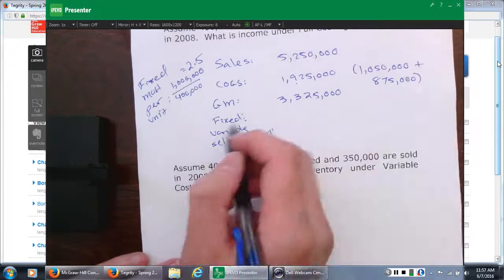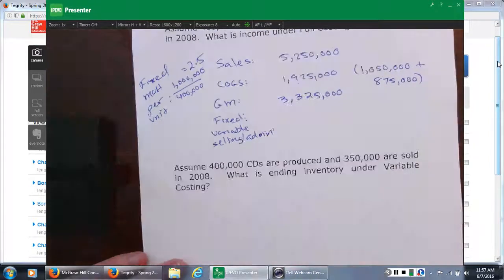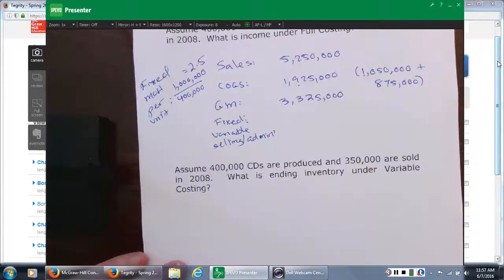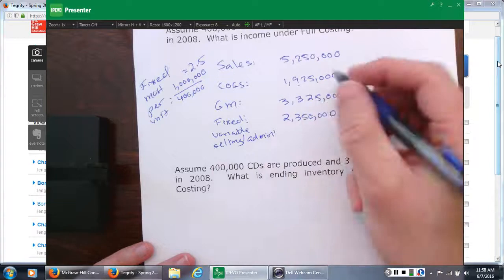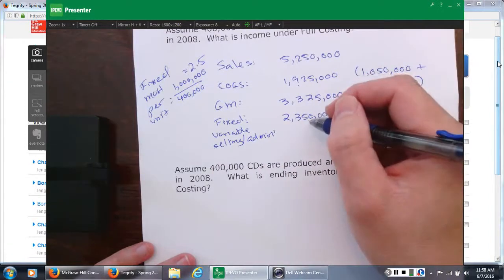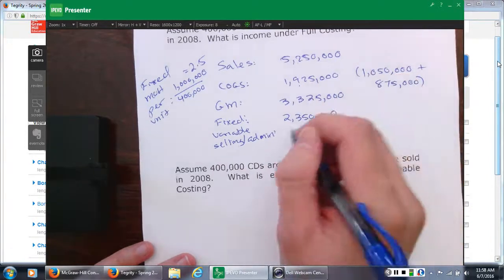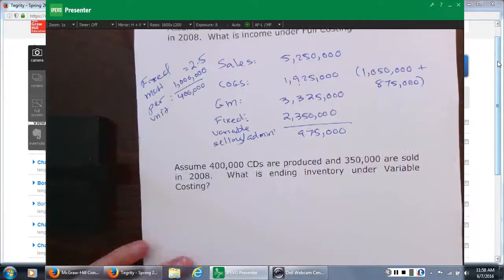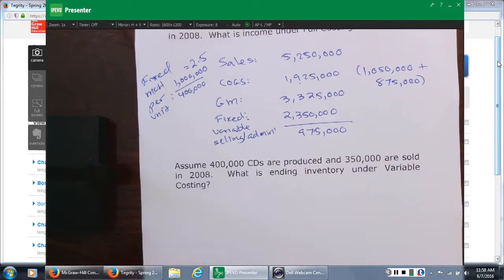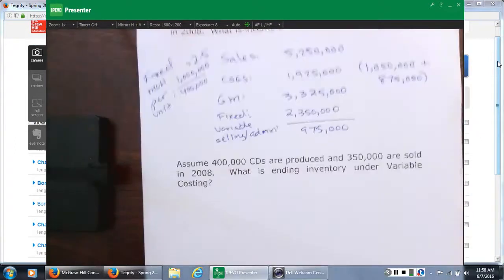You wouldn't say fixed and variable, you would just say selling and admin expenses, since we're using it the traditional way, which would be equal to our $2,350,000. Take our $3,325,000 minus our $2,350,000, and what you get is $975,000. That would be net income under full costing.